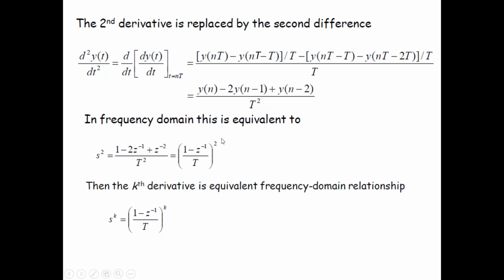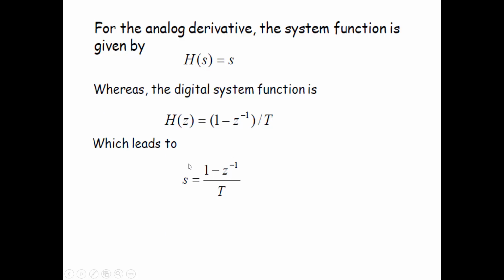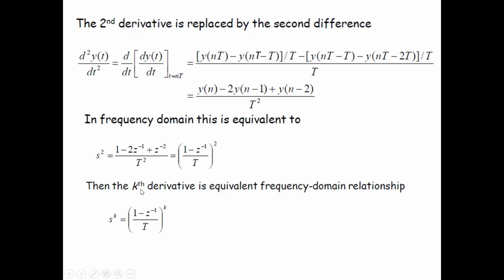And you see what was the case for the first derivative? It was (1 minus z to the power minus 1) divided by T. What is the case for the second derivative? (1 minus z to the power minus 1) divided by T, whole square. That means s square is equal to ((1 minus z to the power minus 1) divided by T) whole square. So in general, we can extend this to a more generalized derivative approach, meaning the kth derivative is equivalent to the frequency domain relationship s to the power k equal to ((1 minus z to the power minus 1) divided by T) whole power k.